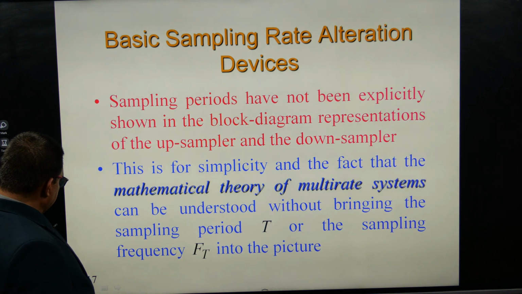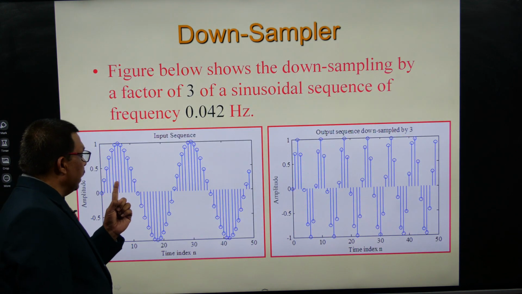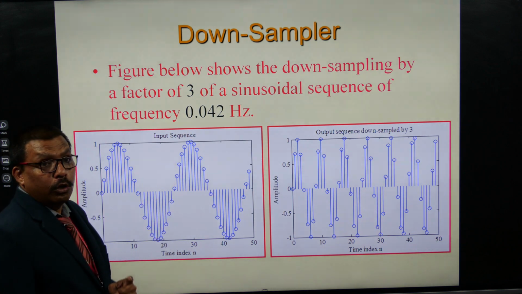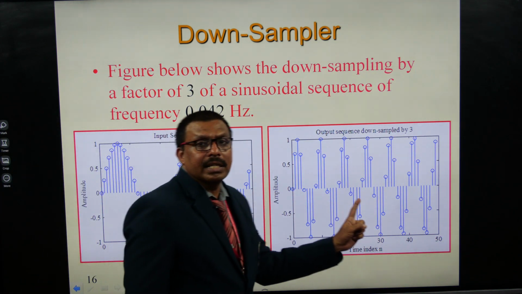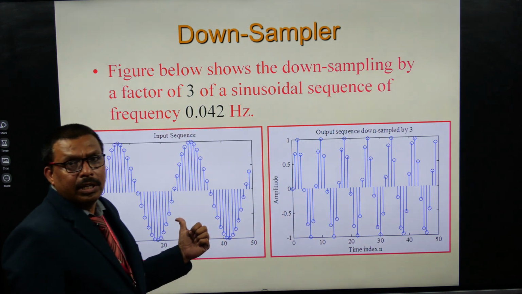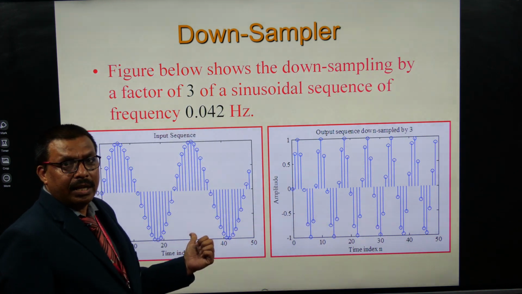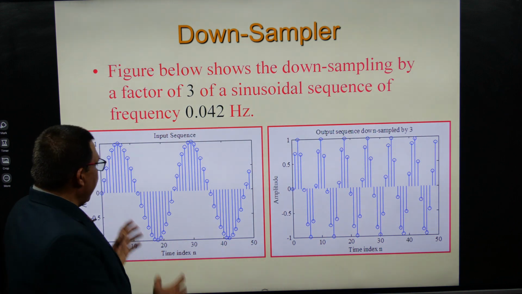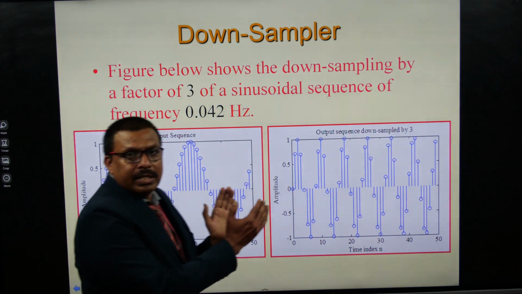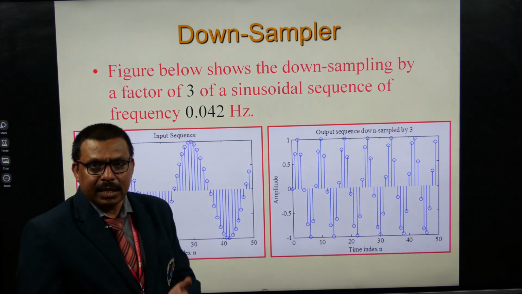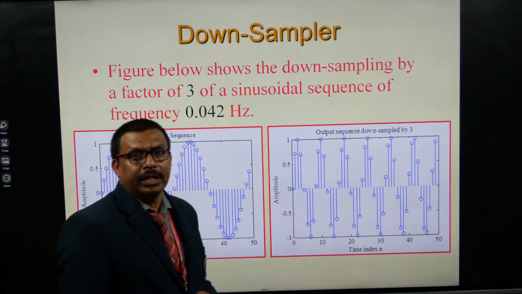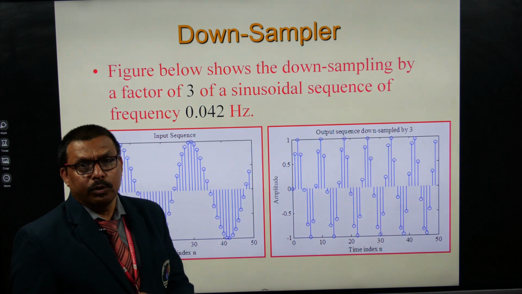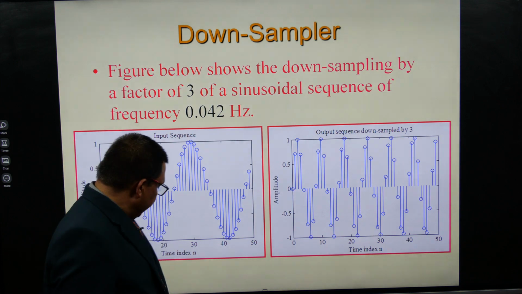Suppose L is equal to 3, then only every third sample remains in the list, and whatever samples are between them are all removed. That's why a minimum number of samples is required to reconstruct the original signal. That means minimum space and minimum bandwidth are sufficient to transmit the digital signals.